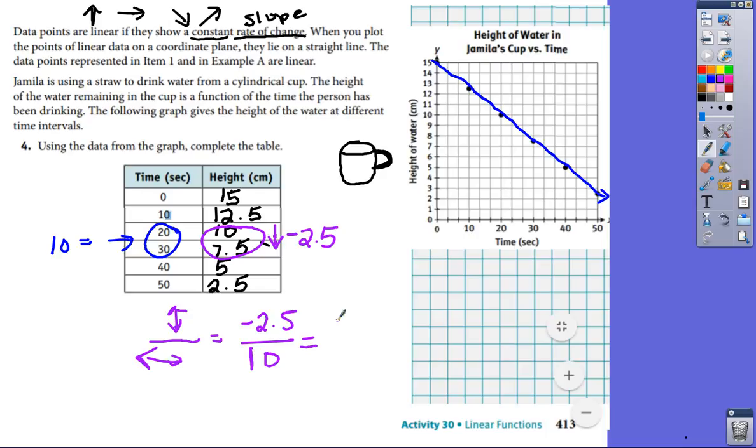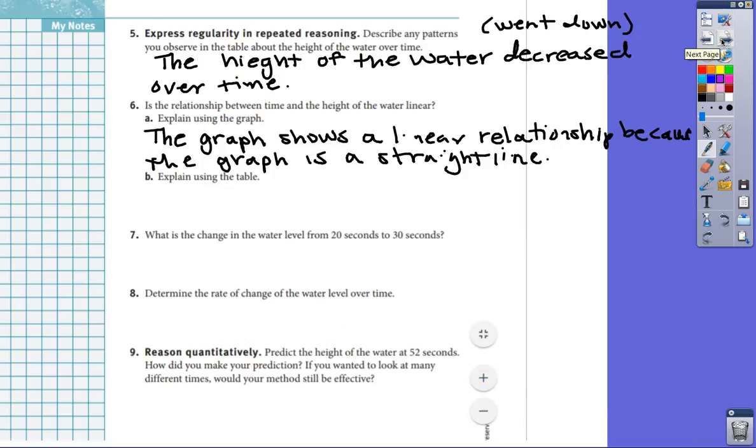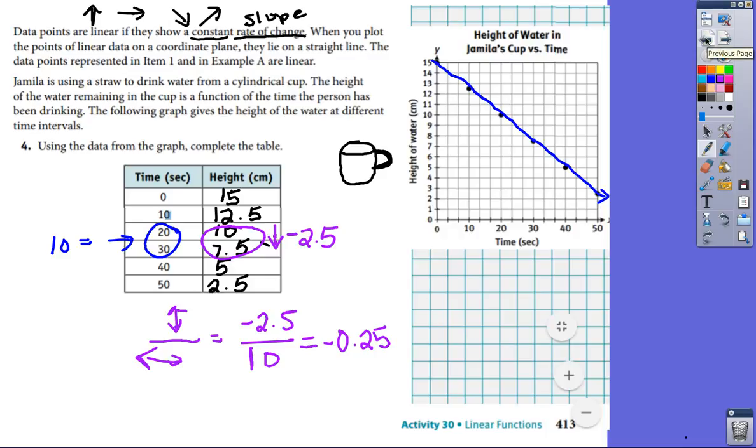Alright, so we've got negative 2.5 divided by 10, and hopefully you got 0.25, or negative 0.25. So that's our rate of change, or our slope. Okay, so real quick, we're going to check, because we answered part of the problem, but we didn't answer the whole.